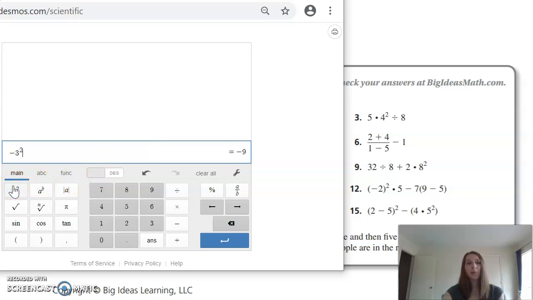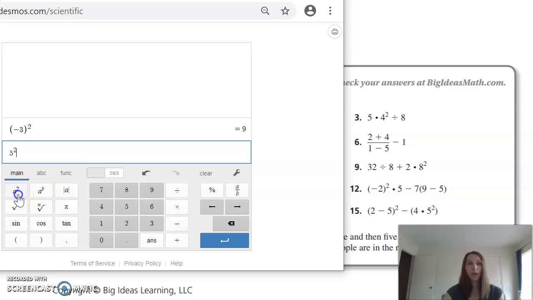Negative times a negative is a positive. I need to put the parentheses in there. Negative 3 squared, let's try that again, is 9. Okay? So we can write 9 right underneath, and then we need to go to this section. 4 times 5 squared. Well, we need to start with 5 squared before we do 4 times anything.